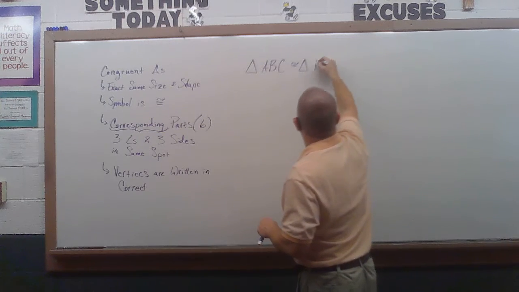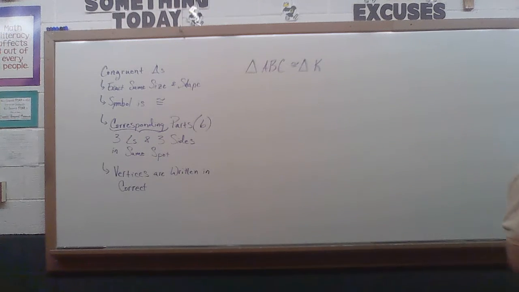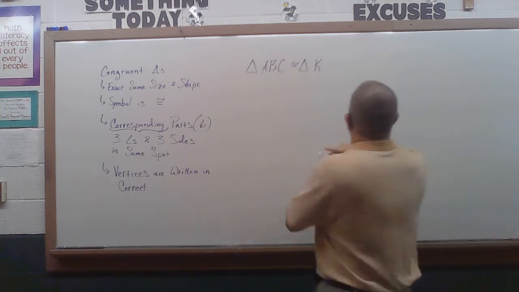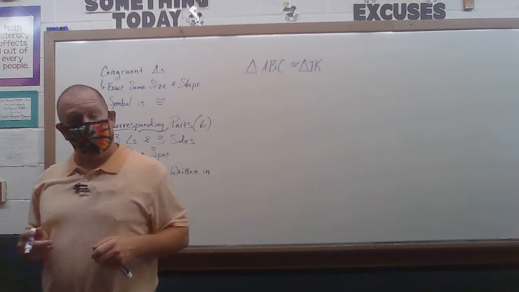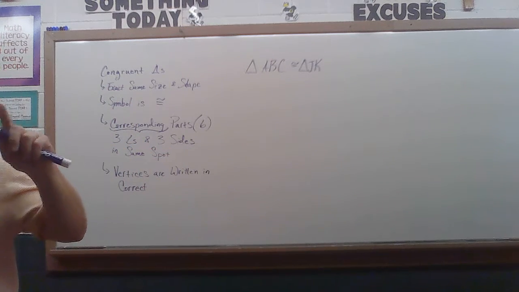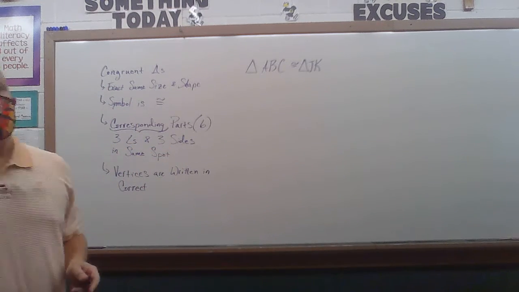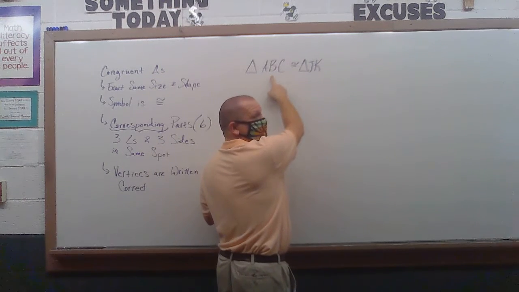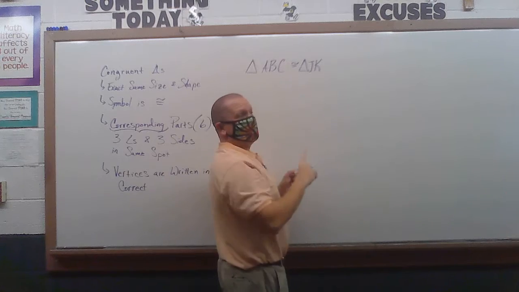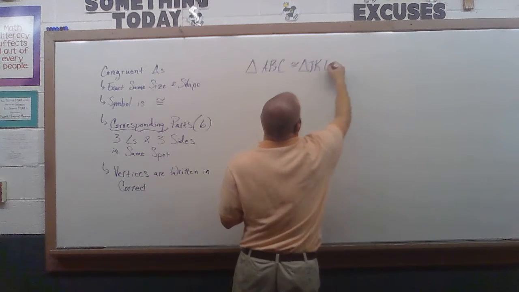With K, right? Because it's at the top of my right-hand triangle. And then the quote-unquote, sorry, not K, J, right? Because J would actually be the quote-unquote right angle, even though we didn't put the box in there. And then is K in the same spot as B? And then C would have to go with L.